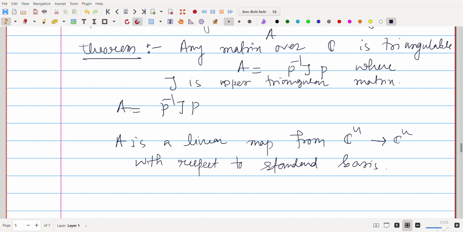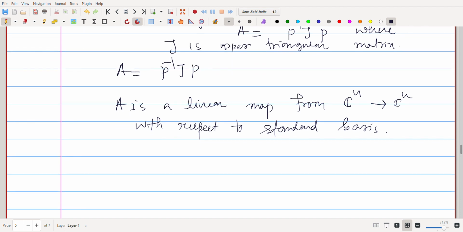Whenever we have a linear map with respect to a given basis, we can take its matrix representation. Conversely, if we have a matrix representation, we can think of it as a linear map with respect to some basis. So I am taking A to be a linear map from Cn to Cn with respect to the standard basis.